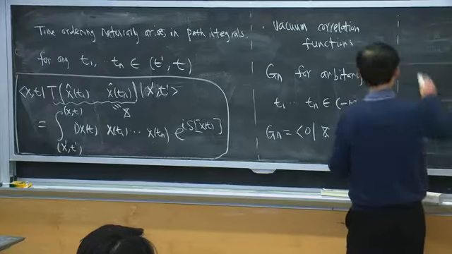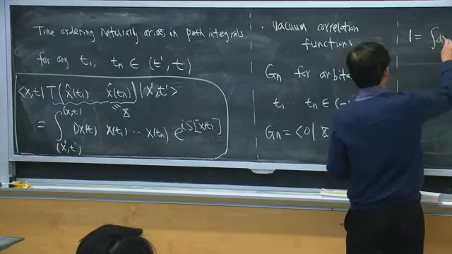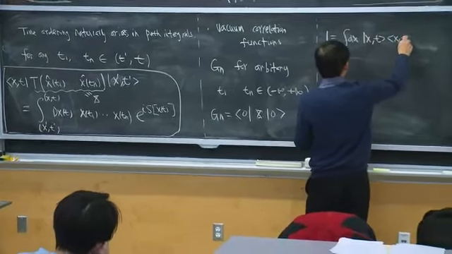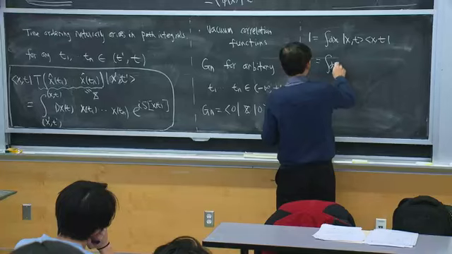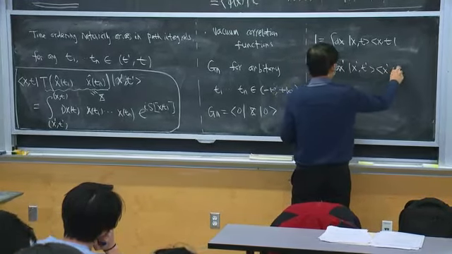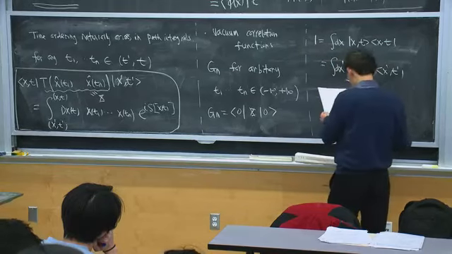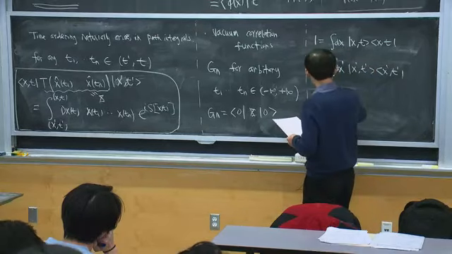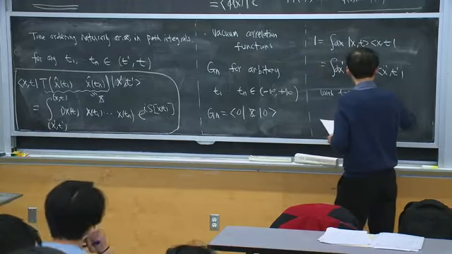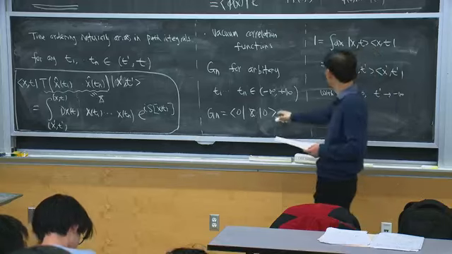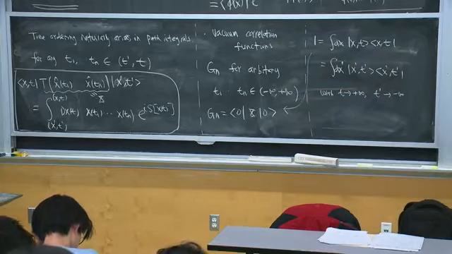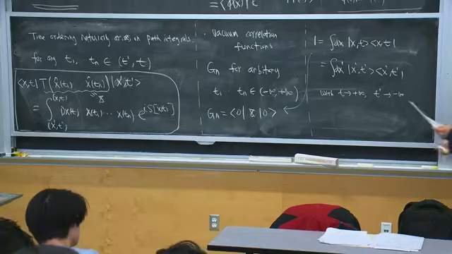We insert 1 equal to the integral of dx, |x t><x t|, which is also equal to the integral of dx prime, |x prime t prime><x prime t prime|, with t going to plus infinity and t prime going to minus infinity. Insert that into here.